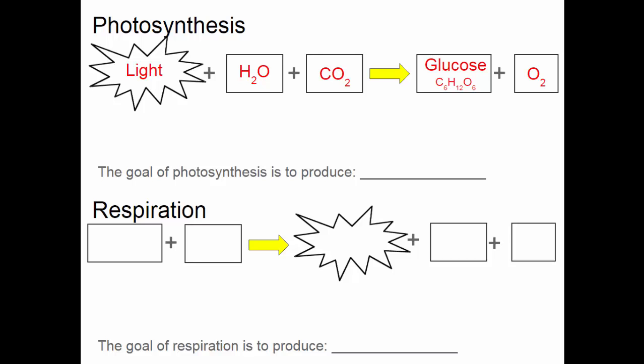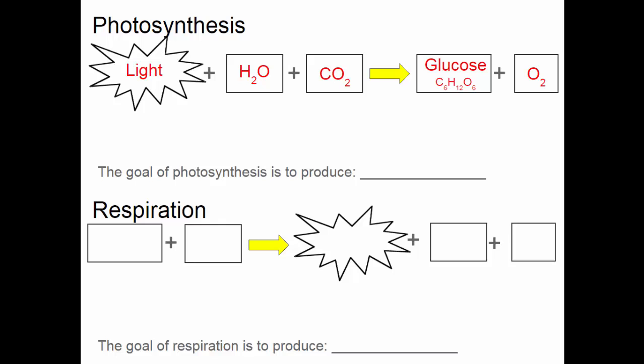The numbers tell you how many atoms of each element there are. In water, we have 2 atoms of hydrogen bonded to 1 atom of oxygen. In carbon dioxide, we have 1 atom of carbon bonded to 2 oxygen atoms. In glucose, things are a little more complicated.